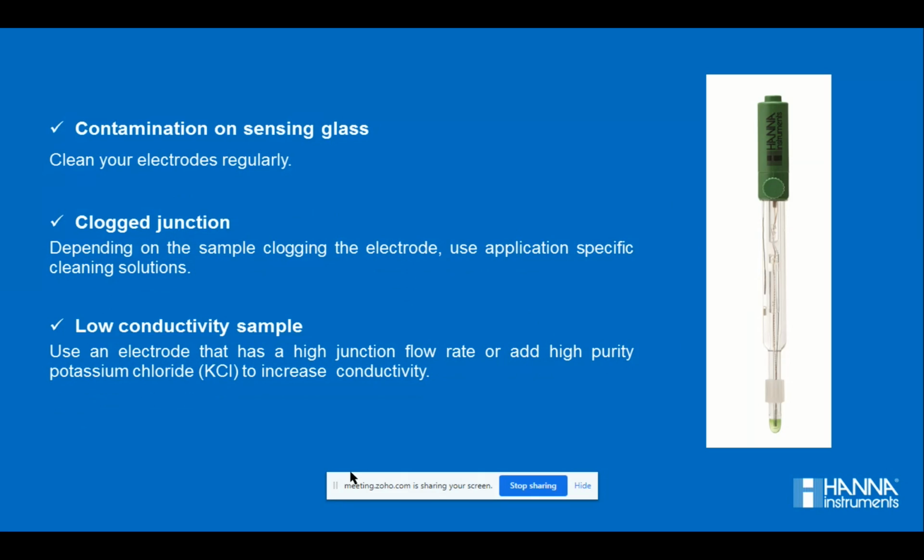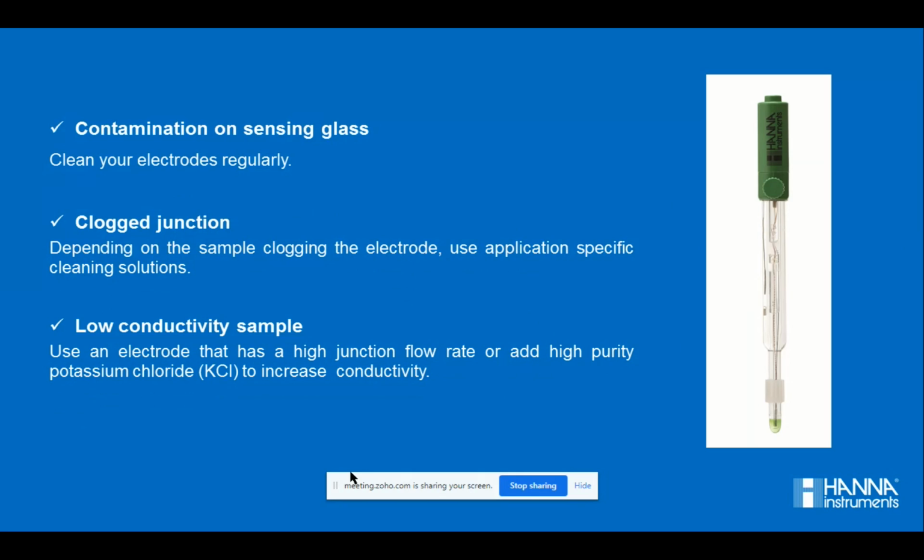Other junctions like a sleeve junction or open junction or even Teflon junction have very low susceptibility to get clogged. But if your junction gets clogged, you might see a very slow response, very drift in the reading, because as the reference junction is clogged, the reference electrode doesn't come in contact with the sample, thus the electrode will not have stability in pH measurement.